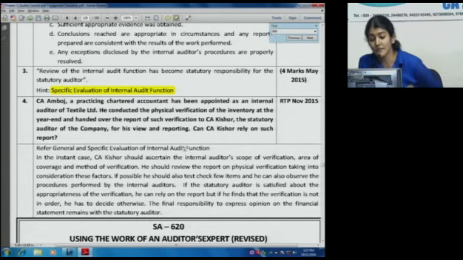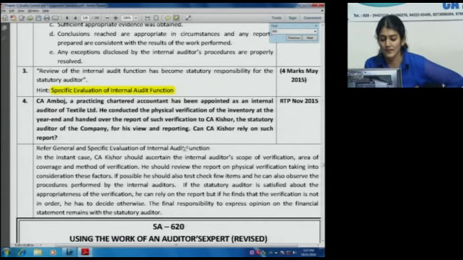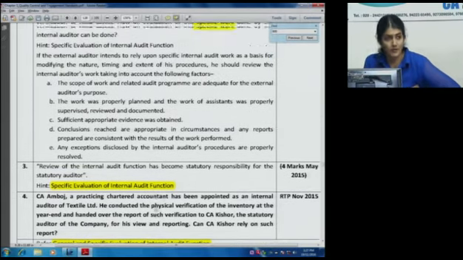He conducted the physical verification of inventory and handed over the report of such verification to Kishore, the statutory auditor, for his view and reporting. Can CA Kishore rely on such reports? Yes. So again, the general evaluation and the specific evaluation, but obviously he continues to be responsible. The final responsibility to express an opinion shall remain with the statutory auditor.